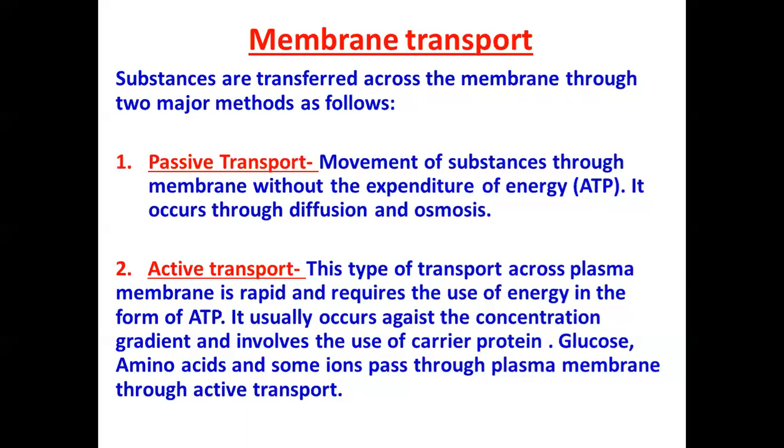Glucose, amino acids, and some ions pass through plasma membrane through active transport, because whatever flows from higher to lower, now we are putting force against that concentration. That's why it is known as active transport, and it requires energy to do this process, and ATP is a form of energy which helps to perform this particular transport.